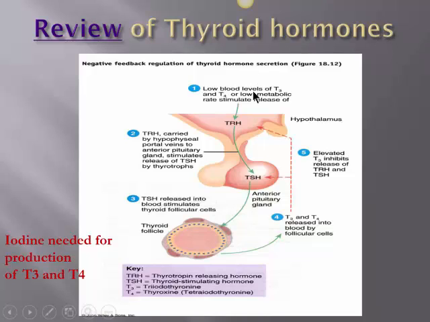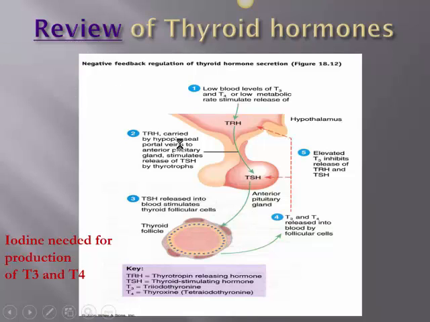So whenever there is low blood levels of T3 and T4, that stimulates the release of thyrotropin-releasing hormone from the hypothalamus, which goes to the anterior pituitary, causes thyroid stimulating hormone, which goes to the thyroid follicles, and those follicular cells make T3 and T4, and they release it into the blood. And remember, iodine was extremely important for this, okay?